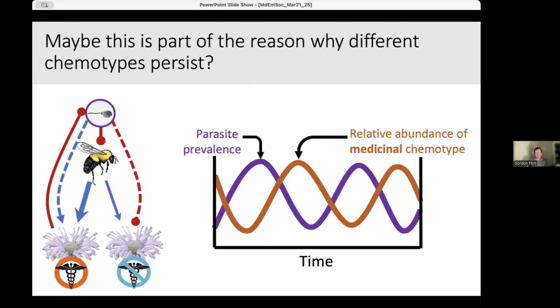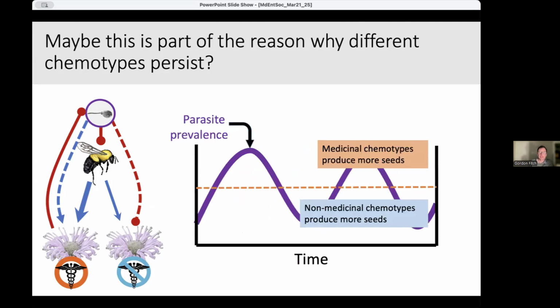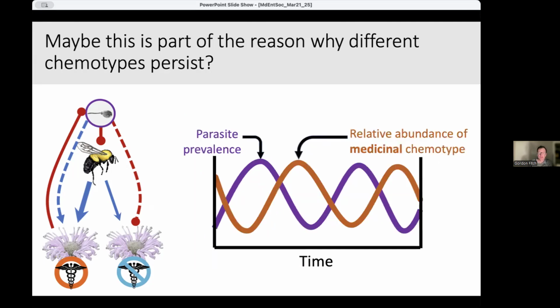And so this makes us wonder, is this part of the reason why we have these multiple chemotypes in the population? And to walk you through this, imagine that we have a low level of the parasite in the population. At that point, the non-medicinal chemotypes would be faring better than the medicinal chemotypes.